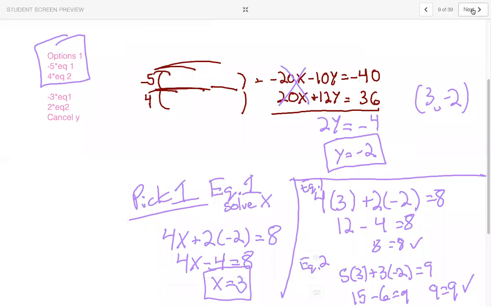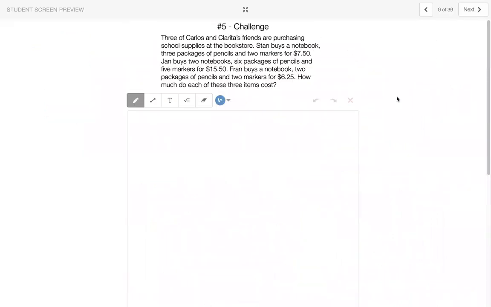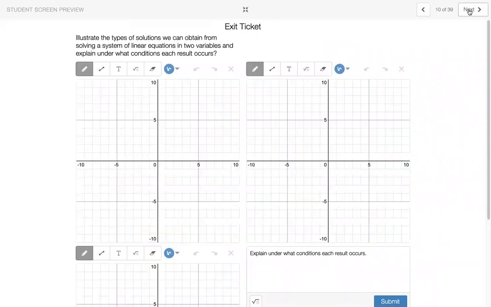The exit ticket here. Now there's a challenge. You can try it if you want. The exit ticket has you sketching out the types of solutions that we came across. So we saw the following. We saw that if we have one solution, it means that the lines intersect at one point.